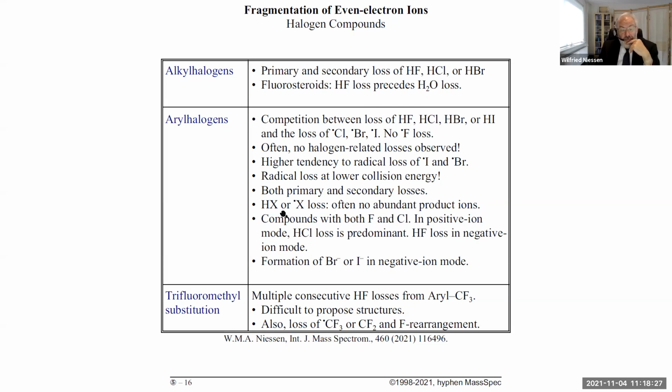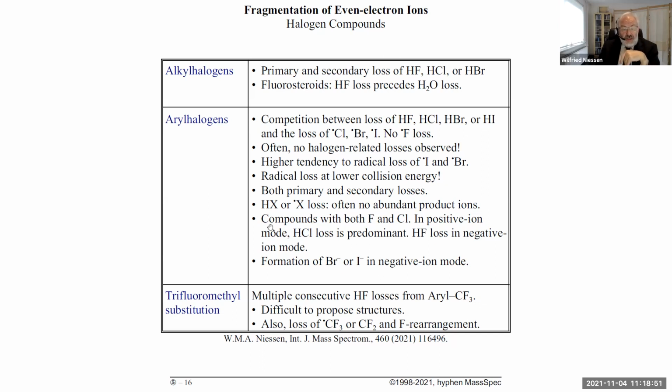If you have compounds with both fluorine and chlorine, you see that in positive ion mode the loss of HCl is predominant, whereas in negative ion mode the loss of HF is predominant. These are interesting things to think about.